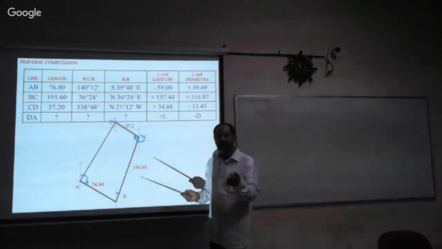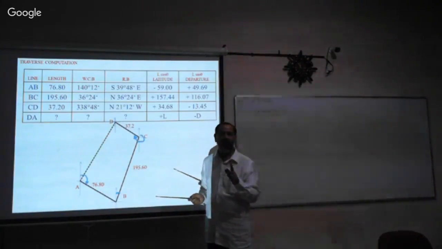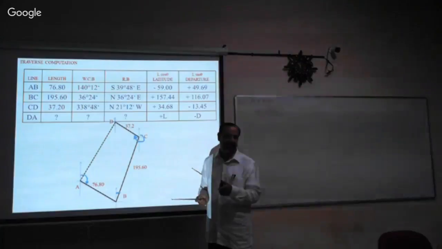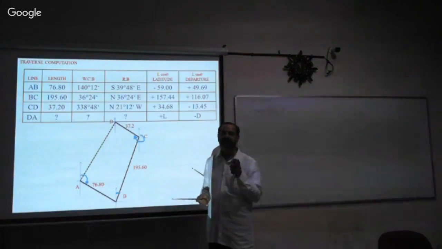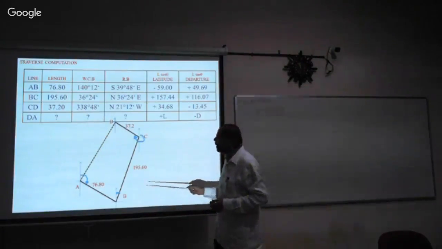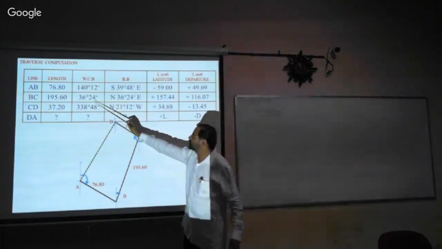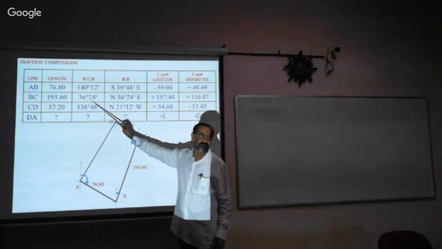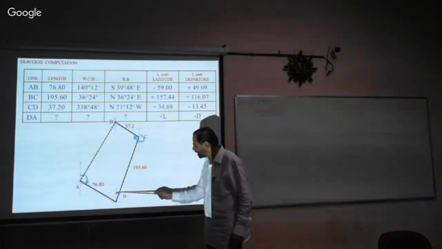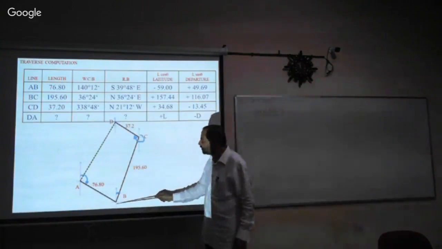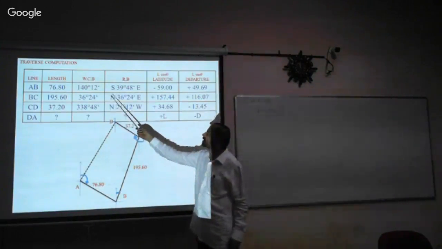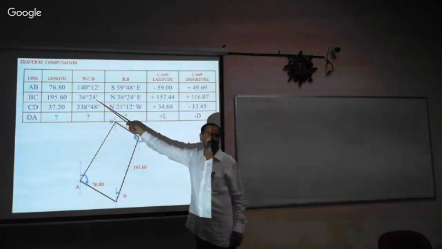The whole circle bearing is always measured with respect to the north direction. Therefore, 36 degrees, 24 minutes is measured from north to the line BC.